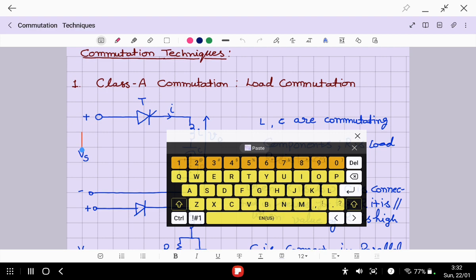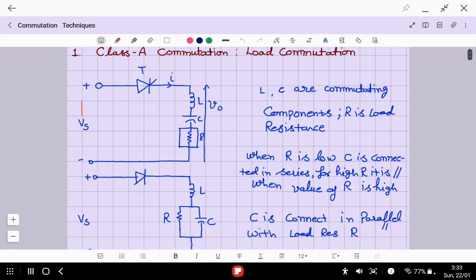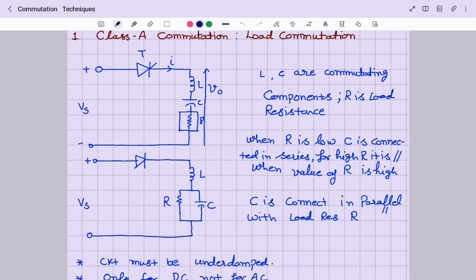The first one is class A commutation. It is known as load commutation. You can notice that by virtue of the load, the current flowing through this thyristor T is less than the holding current, so it gets turned off.